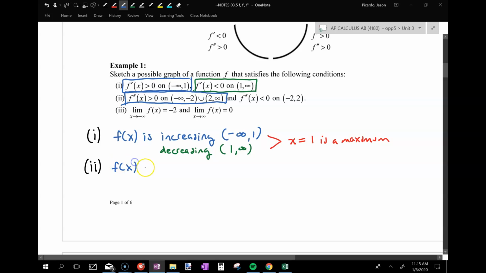F of x is CC up from there to there. And then we have this fact. Second derivative is less than 0 on that interval. That means my graph is CC down.